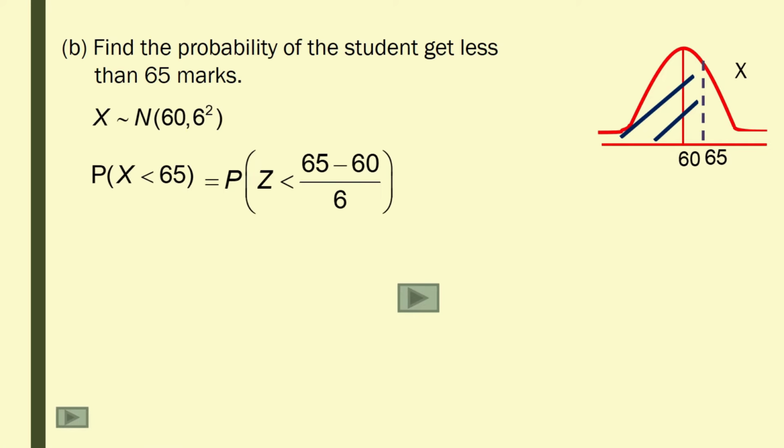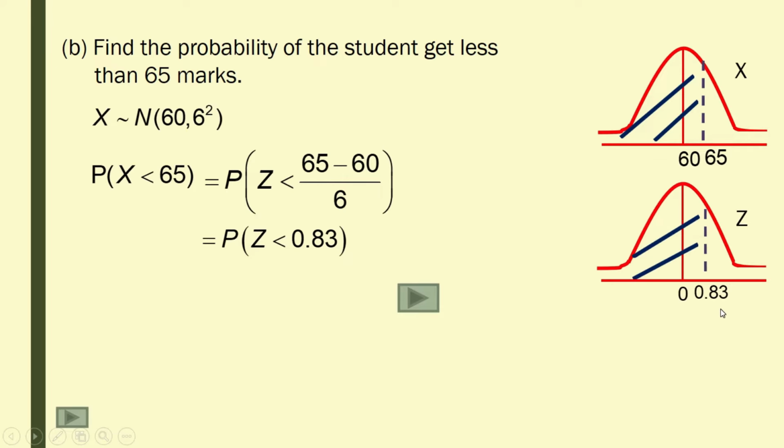We change to the standard normal distribution. We get P(Z < (65 minus 60) over 6), and the answer is P(Z < 0.83). And then we draw the Z distribution with mean 0, and 65 becomes 0.83.